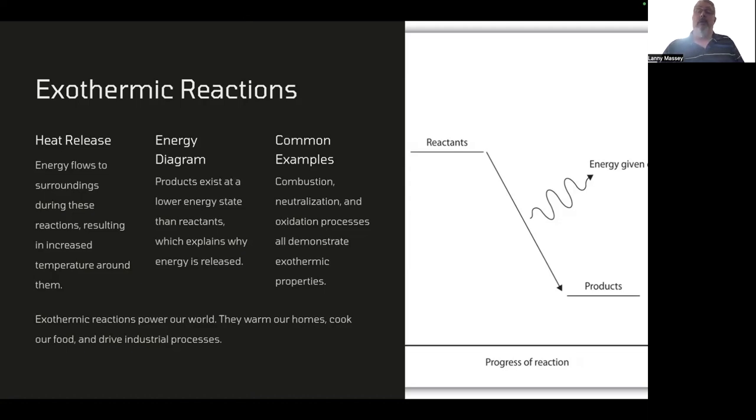Exothermic reactions can happen spontaneously, which means once the reaction is started, it's going to lose energy. So the reactants have more energy than the products, and then energy is given off. So combustion is an oxidation process that releases energy to the outside system. Does that make sense to everybody? So our reactants have more energy than our products.